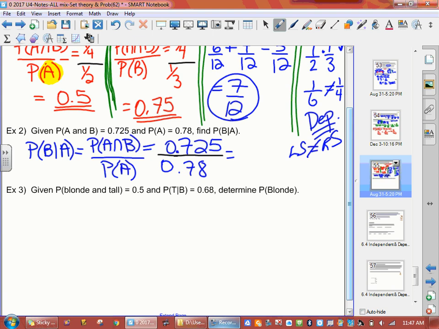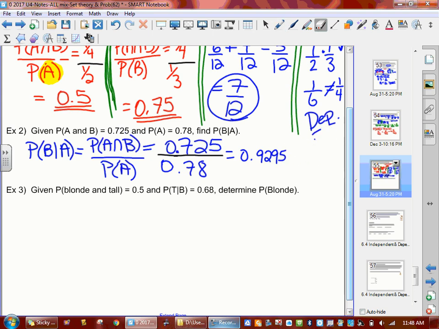And that's going to give us 0.9295. So 0.9295 is what we get.